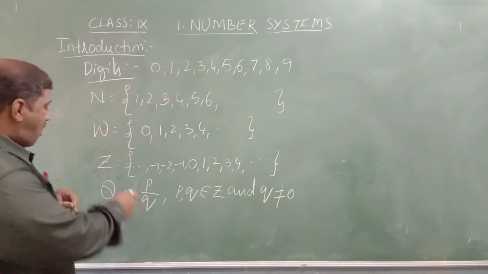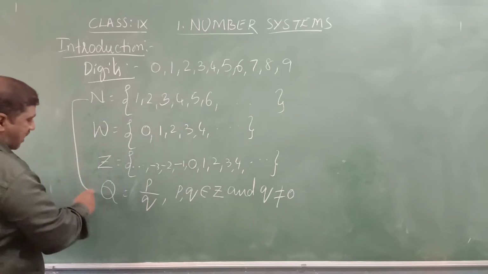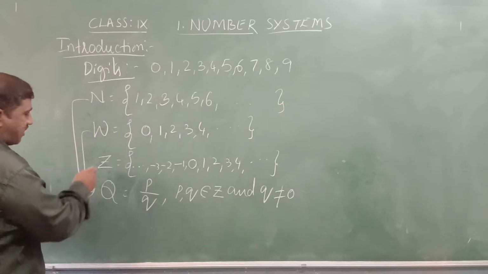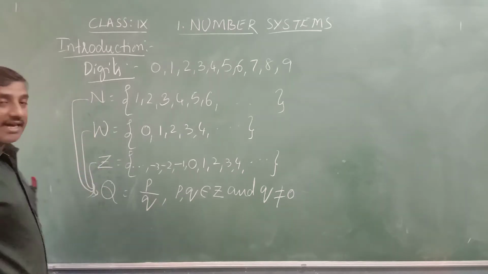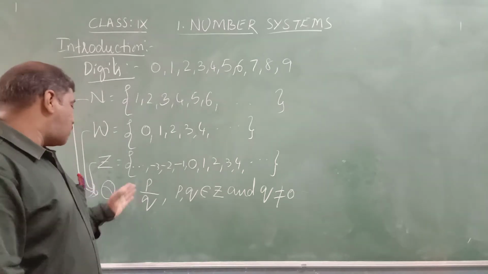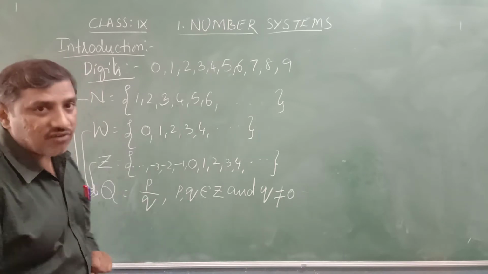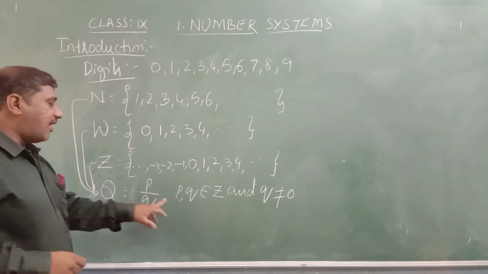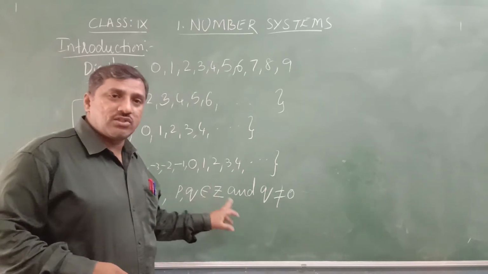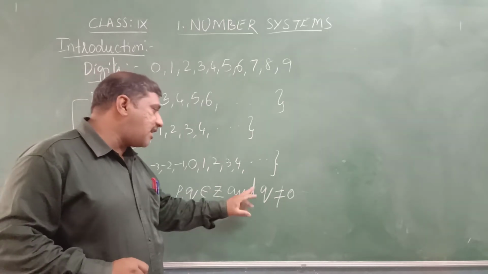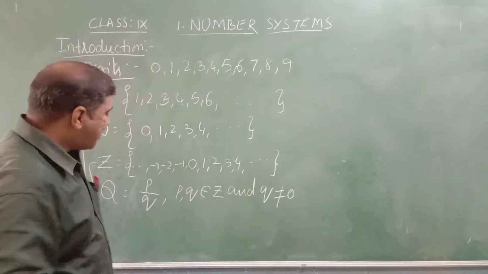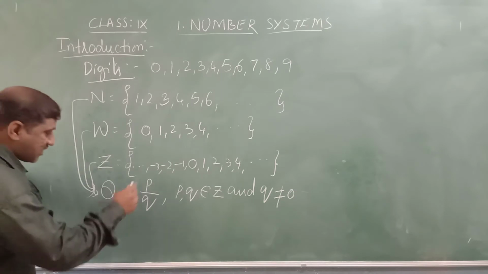It means all rational numbers include natural numbers, whole numbers and integers. So rational numbers are the numbers which can be expressed in the form p by q, where p, q belong to integers and q is not equal to 0.